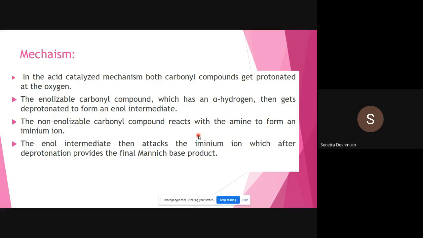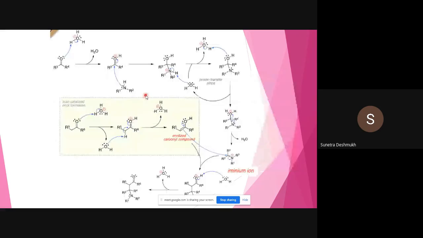So the reaction between formaldehyde and a primary or secondary amine or ammonia gives the iminium ion. Then the enol intermediate attacks the iminium ion, which after reprotonation provides the final Mannich product. We'll see one by one what the mechanism is.